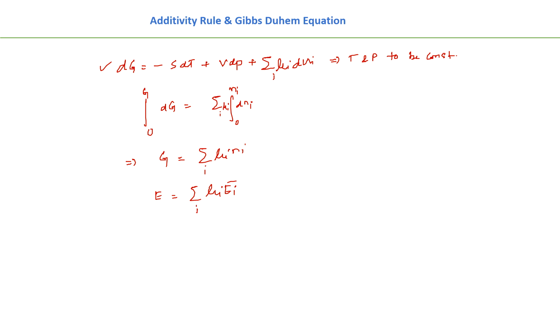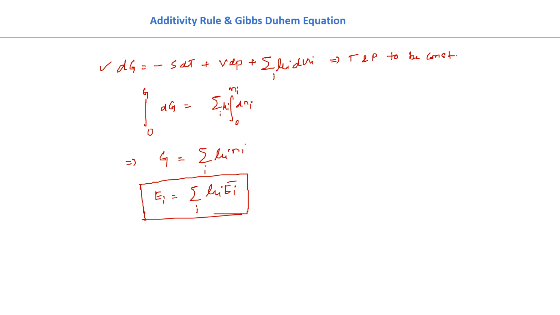So we can replace this E by other extensive properties like S, molar entropy, molar volume, molar Helmholtz energy, etc. This is the generalized form of the additivity rule.